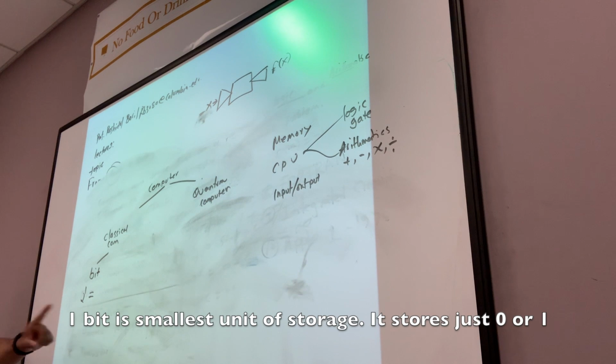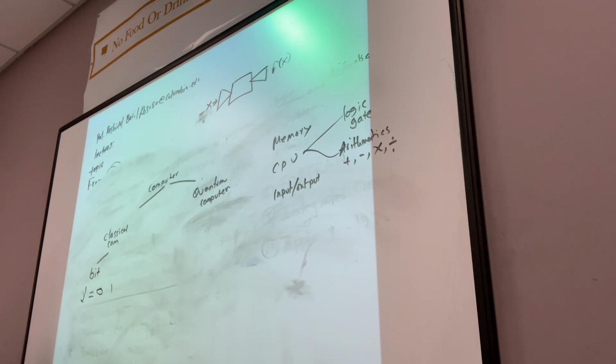So what is 1 bit? 0 and 1, right. What is 0? By definition, 0 is off and 1 is on. We got it? So then what is 2 bit?